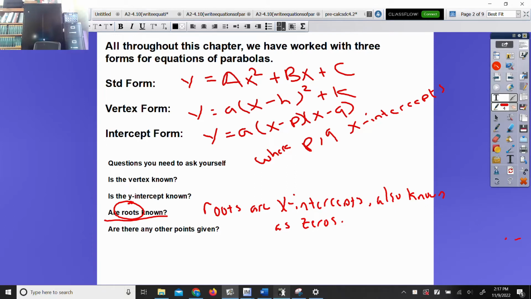You know why we also call them zeros? Why would you call an x-intercept a zero? Because y is 0. On the x-axis, that's y. That's why they also know zeros.